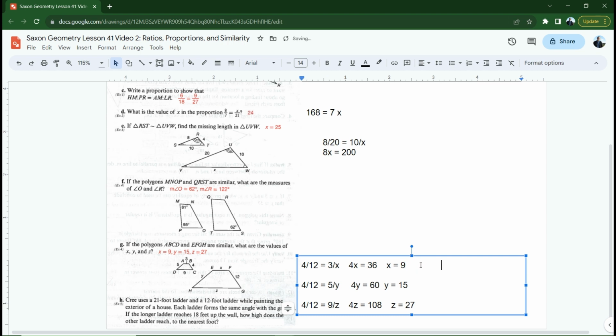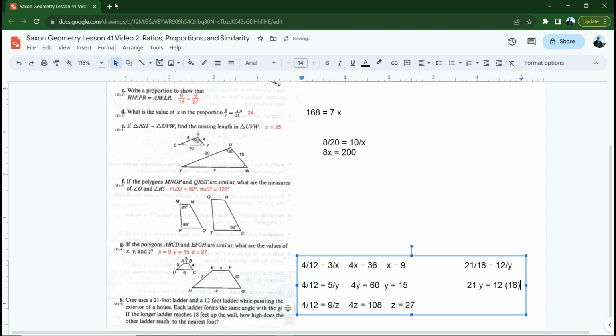I can set up a proportionality statement here. So I'm going to say that the 21-foot ladder reaches 18 feet up the wall. That's going to equal the ratio of 12 to how far the other ladder reaches up the wall. We'll make that y. Okay. I'm going to cross multiply here. We're going to find that 21y equals 12 times 18.